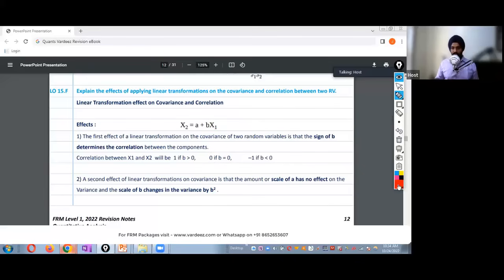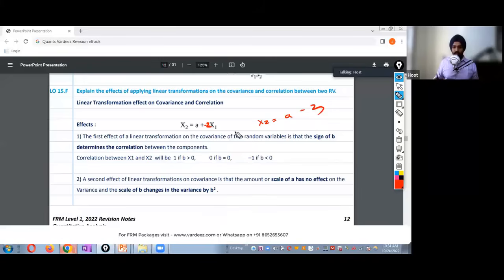What if B is now a negative number? Let's just take negative 2, any number that you want. That means x2 is equal to A plus whatever x1 value is, it's going to take a negative value. Let's say negative 3.